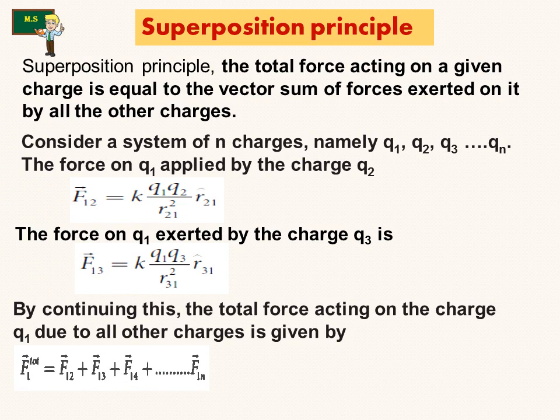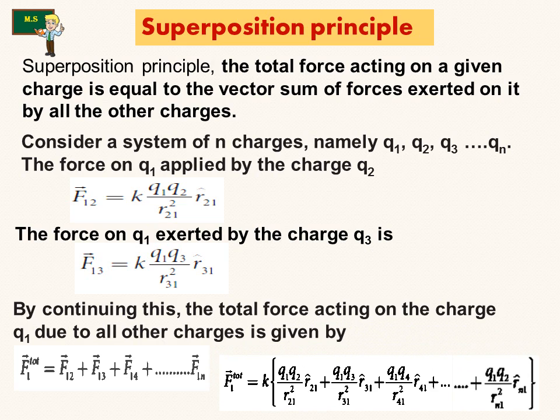By continuing this, the total force acting on the charge Q1 due to all the other charges is given by F1 total is equal to F12 plus F13 plus F14 plus till F1n.